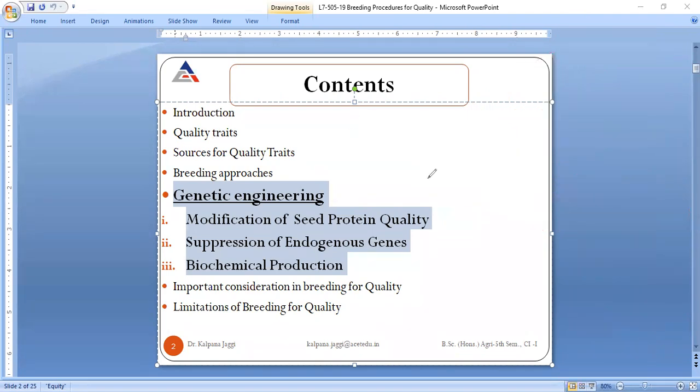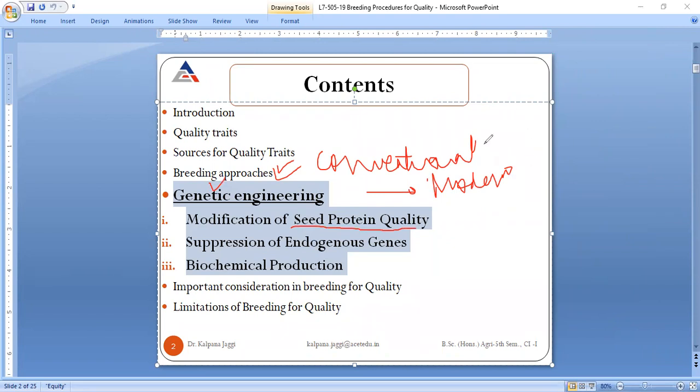So I'm coming back to today's lecture. We have already discussed the breeding approaches, and that is all based on the conventional methodology. But today we are going to discuss the approaches that are based on the modern aspect. And here the modern aspect is all about genetic engineering, where we can modify the seed protein quality. See what we have.